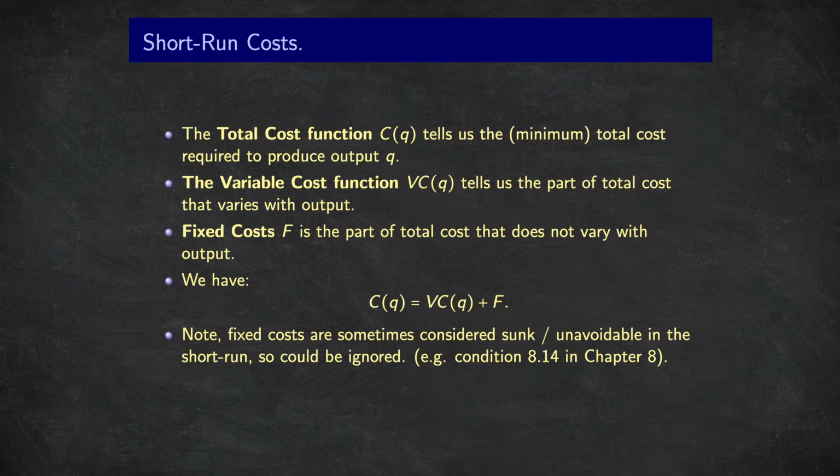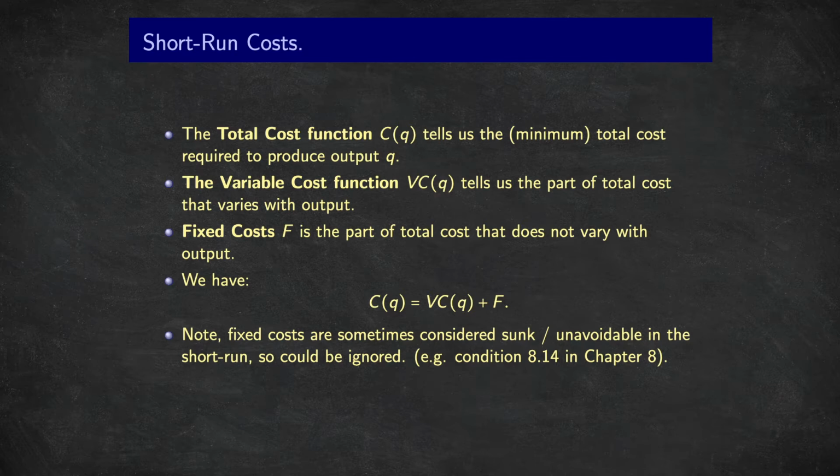So if, for instance, we're thinking of the fixed cost for the firm as being the cost of having the property or the building where it's going to produce output, in the short run, perhaps it can't change that. So we would consider that fixed cost a sunk cost in the short run. And effectively, because we can't change it, it could be ignored in our profit calculations.